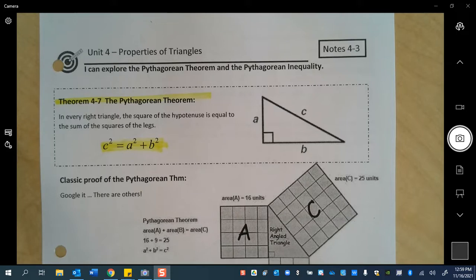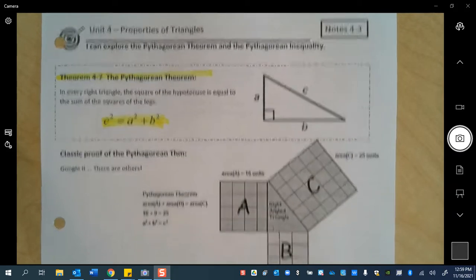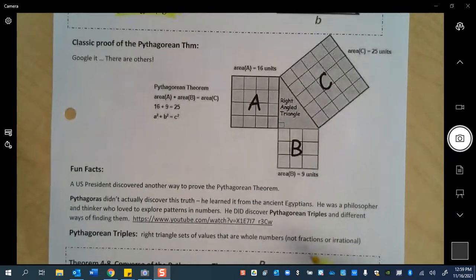He goes and studies in Egypt, and he sees the Egyptians already have this relationship figured out. He just formalizes it, slaps his name on it, gets all the royalties and the credit, so good for him, right? What he actually was more interested in is this concept of Pythagorean triples.